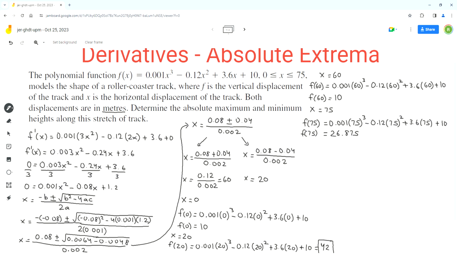So we can write, absolute maximum height is 42 meters at x equals 20 meters.